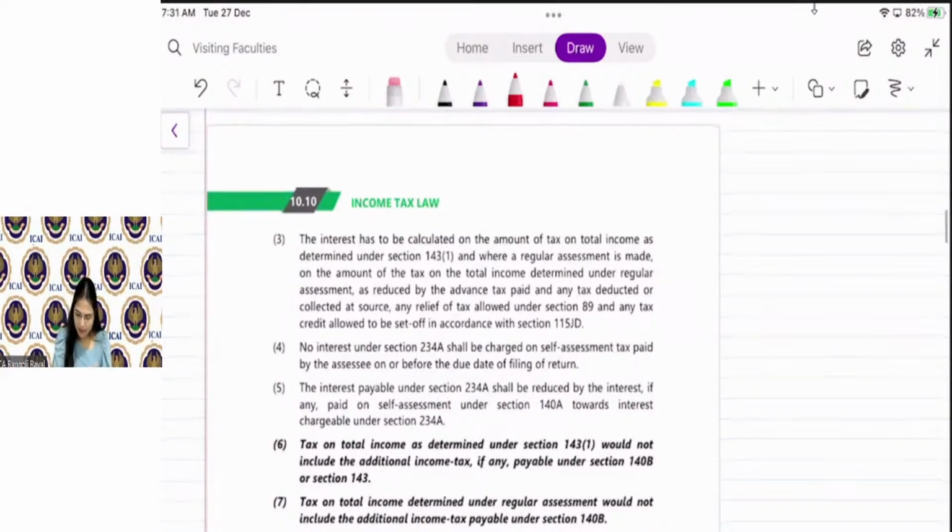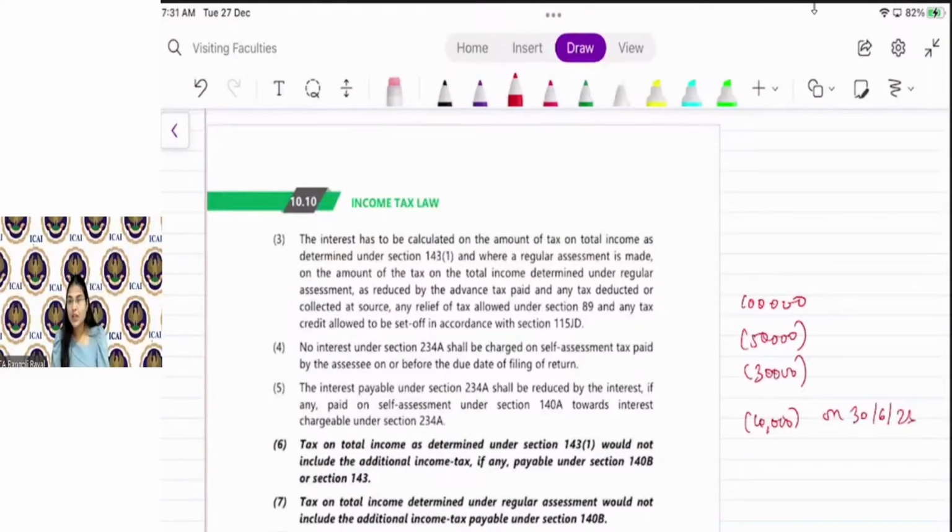Say for example, my income tax liability is 1 lakh rupees. I have paid advance tax of 50,000. The TDS is 30,000. And say for example, 10,000 I have deposited on 30th June as self-assessment. Now the balance 10,000 I have not paid up to the date of filing return of income.